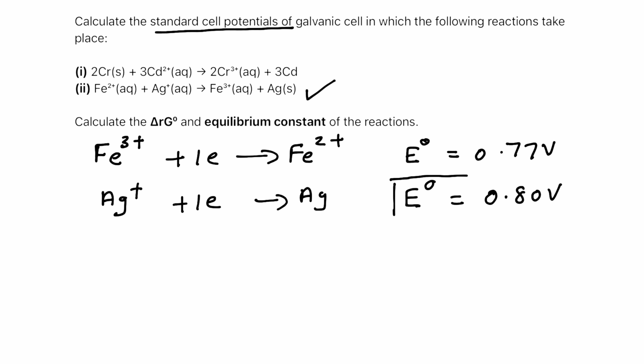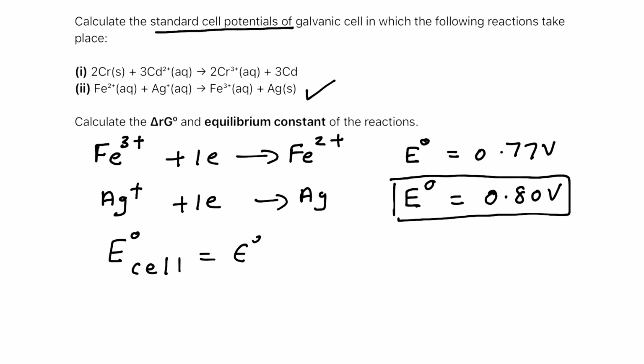Now you know which one is anode, which one is cathode. The one which has higher reduction potential is what? Cathode. So what is the equation? E0 cell is equal to E0 cathode minus E0 anode. This is cathode because it has higher reduction potential. This is anode because it has lesser reduction potential.